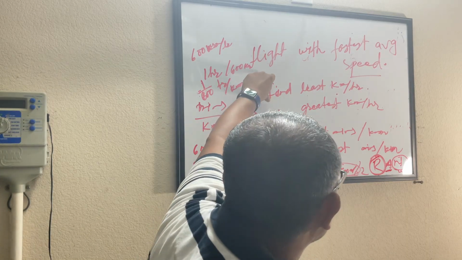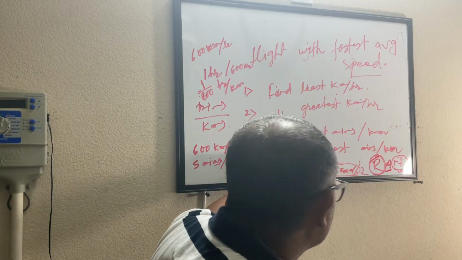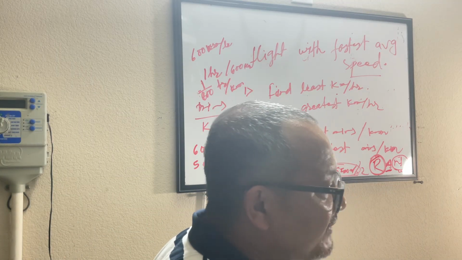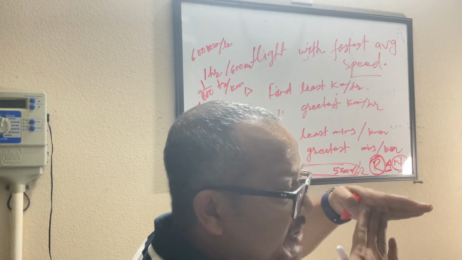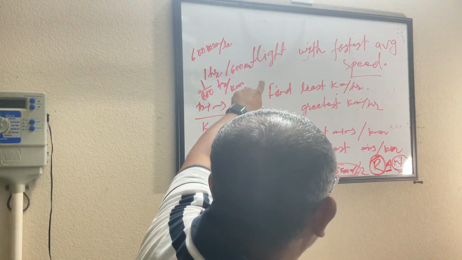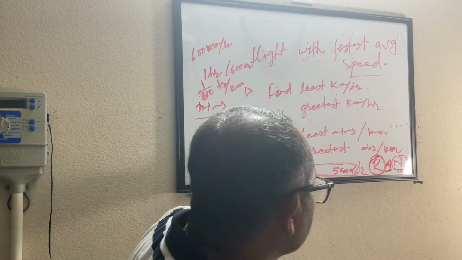Here you are picking the least speed, and again you are picking the least speed. How do you get the average? How you get the average is by getting the highest speed and the lowest speed, combining them and finding the average. First and fourth, if you pick, here you are picking up the least speed, here also you are picking the least speed.